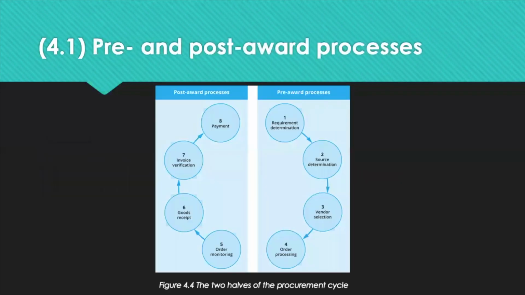So to recap, we've gone through some pre-award and post-award stages of the procurement cycle. Pre-award stages include identifying the needs, producing the specifications, requesting quotations, receiving quotations, assessing them, awarding the contract and authorising.